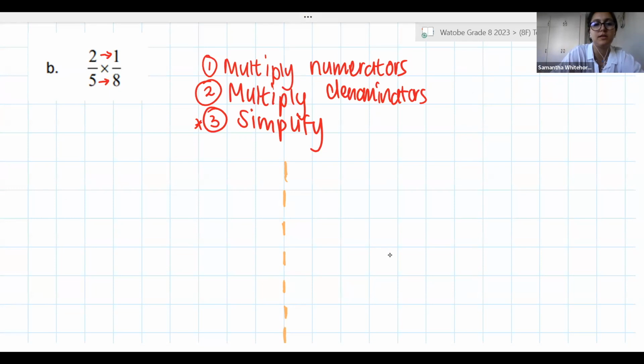Nice, keep those answers coming through. Liking that we're simplifying our answers and double checking that we can simplify.